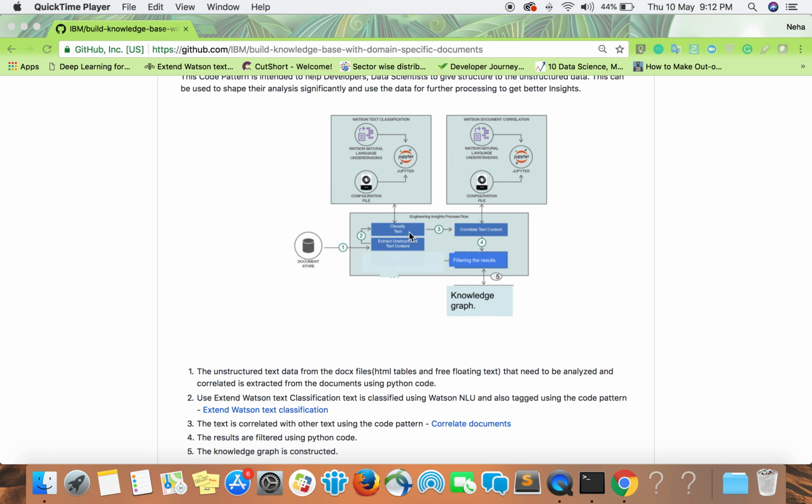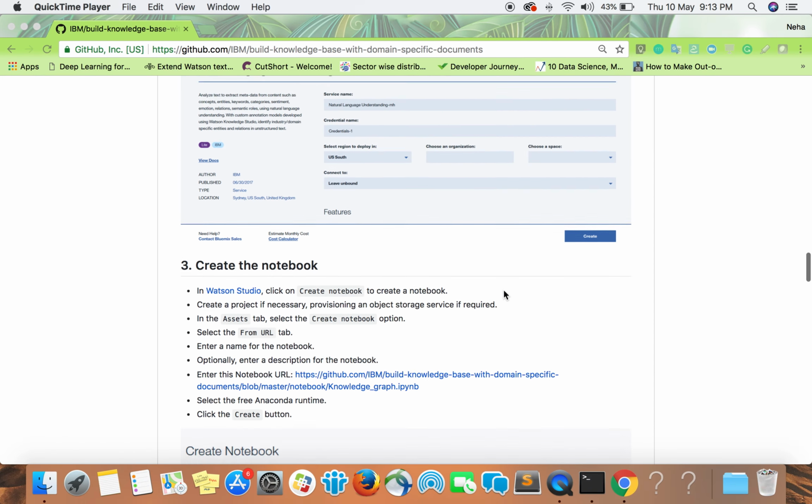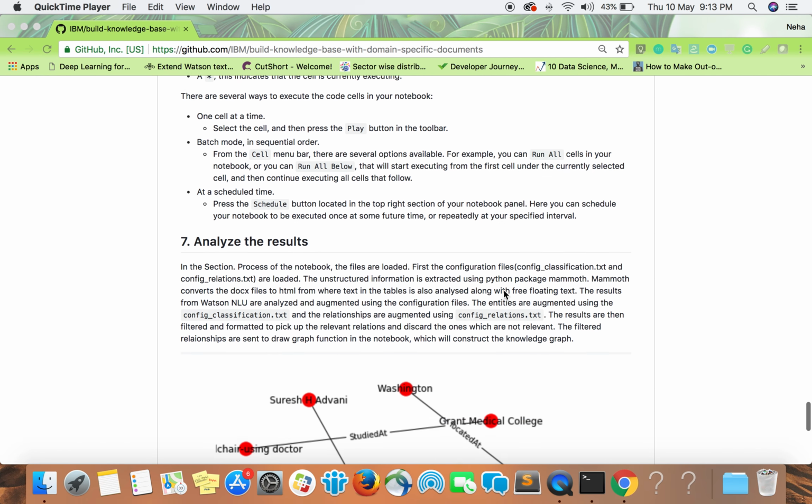And then the results from NLU are augmented with the Watson Text Classification code pattern and Watson Document Correlation pattern. And then we have written a code to filter the relevant results. So only those results are picked up which are relevant to a particular domain, and from then onwards we have built a knowledge graph. The knowledge graph will somehow look like this.